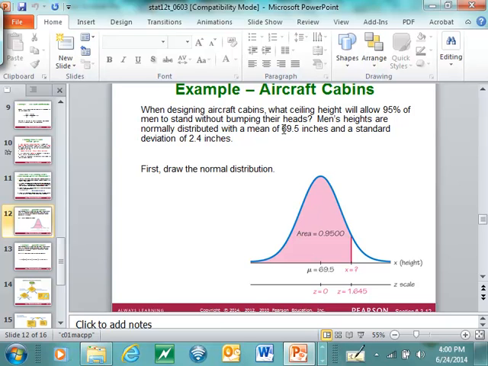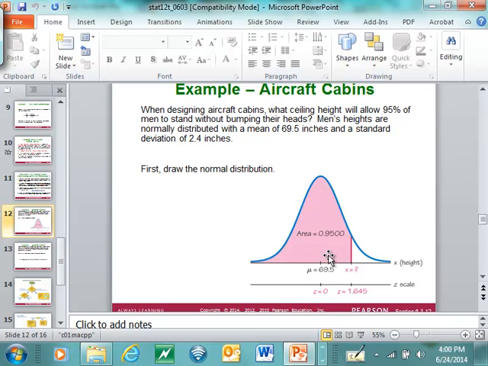So we're going to use this 69.5 as the mean and 2.4 as the standard deviation. So focus on the 95%, or in other words, 0.95, area to the left. Area to the left because we want to find the height such that the proportion of men who have a height of less than this x value will be 95%.